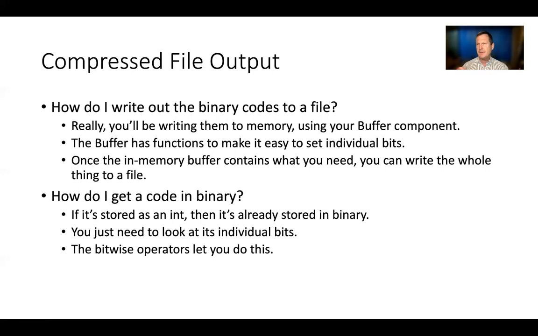You can do something like build a movable mask to look at whatever bit you want. So you could use this to write a loop that looped over all the bits of a code. You don't have to convert that code or anything. Like I said, it's already in binary if you just look at it a bit at a time. And you could loop over the bits in a code and write them out to a buffer 1 bit at a time.